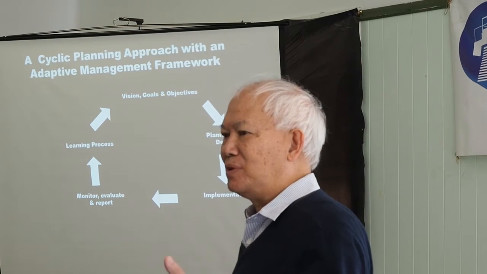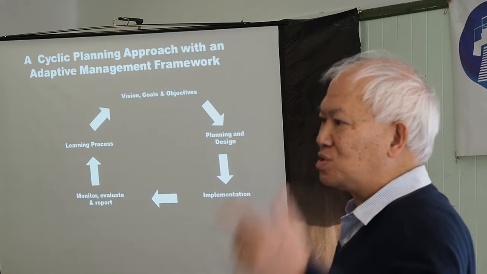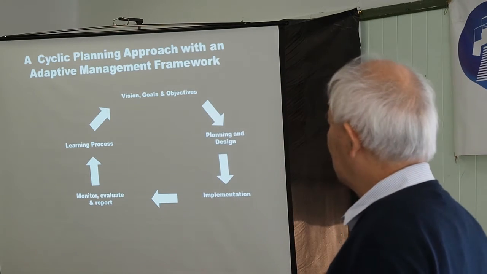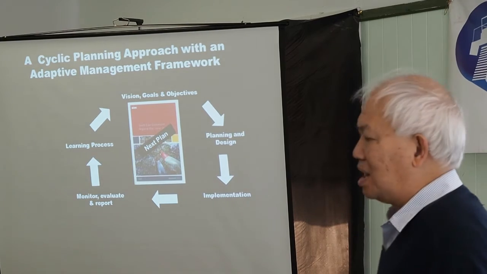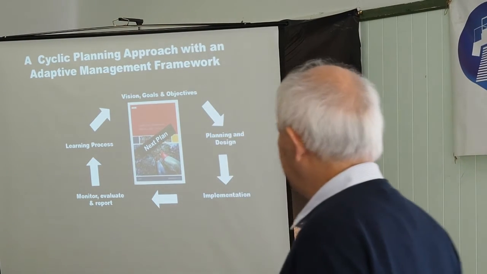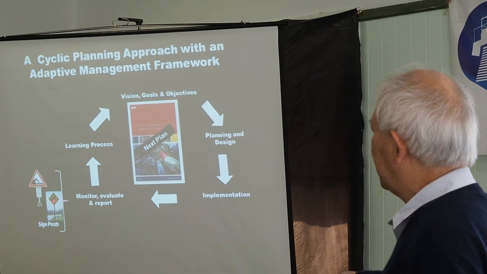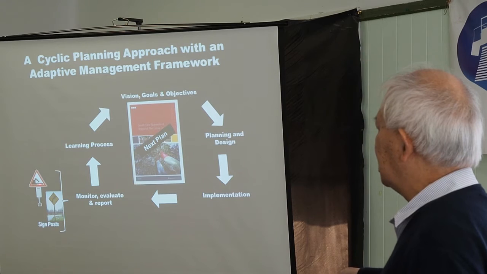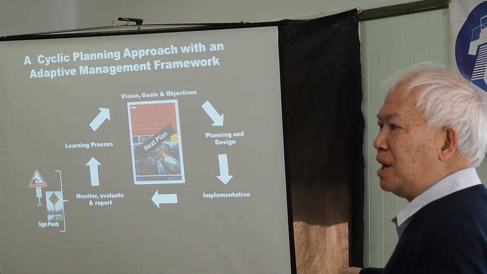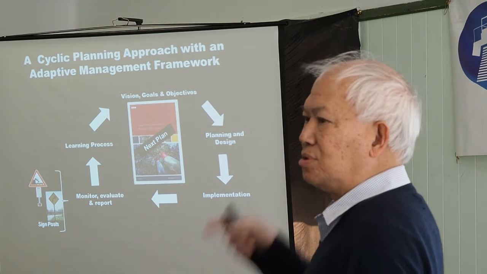Now, it's pretty silly if we don't start learning from implementation what works and what doesn't work. So, there's an example of the plan I mentioned before, and the next plan is due next year. So what's happening? Well, we should be monitoring and evaluating for these signposts. There's that signpost there which says, hey, we're approaching a dangerous curve in the road and we're going to fall off the cliff if we don't do something about it.